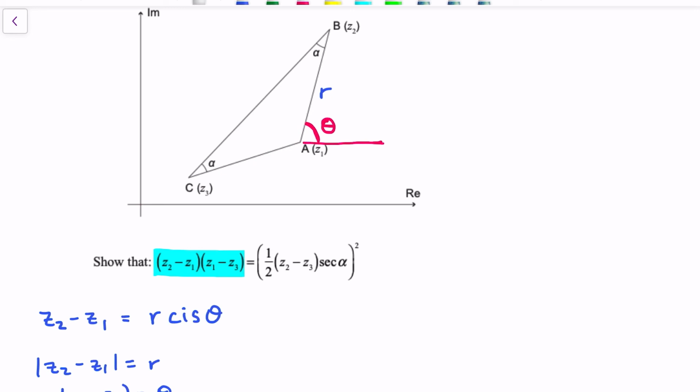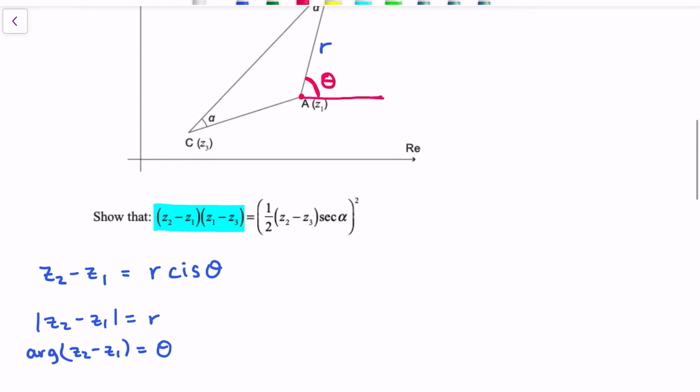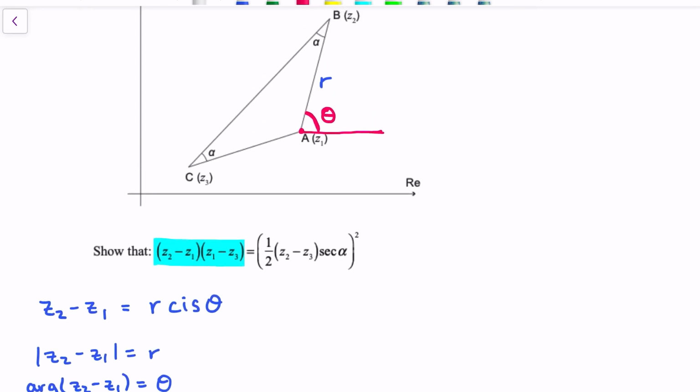When you have a complex number z2 minus z1, you start at z1 and you say, what angle do I need to move anti-clockwise to get to z2? So z1 is the starting point, and z2 is the finish. So that angle theta is now shown on the diagram.